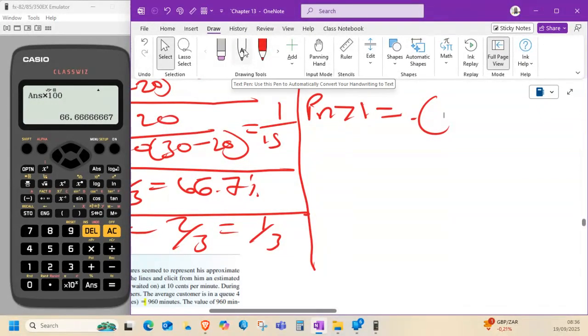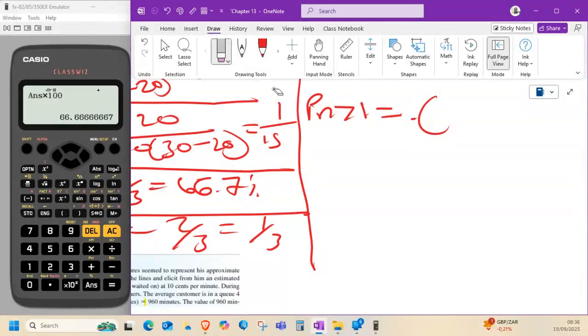Yeah, at least like that. Okay, whatever. This stick is irritating me. I don't want to use this other fancy pen of theirs. It doesn't allow me.